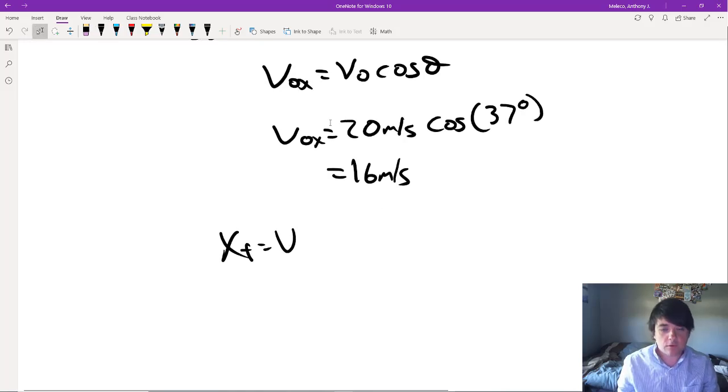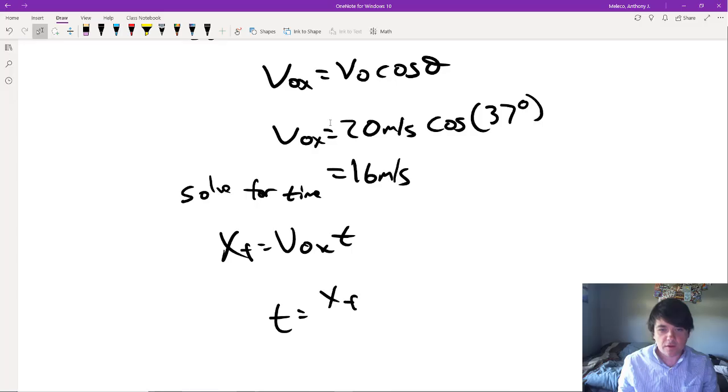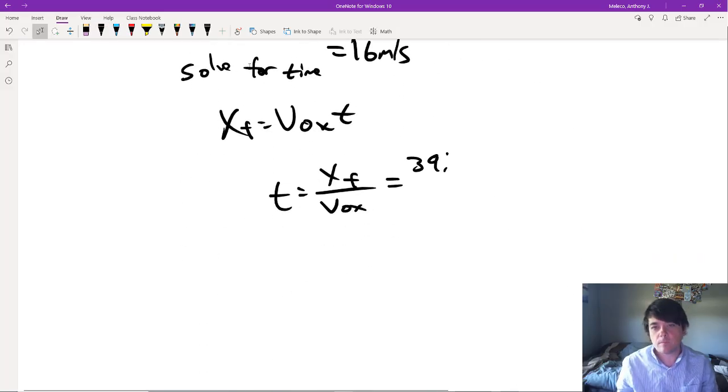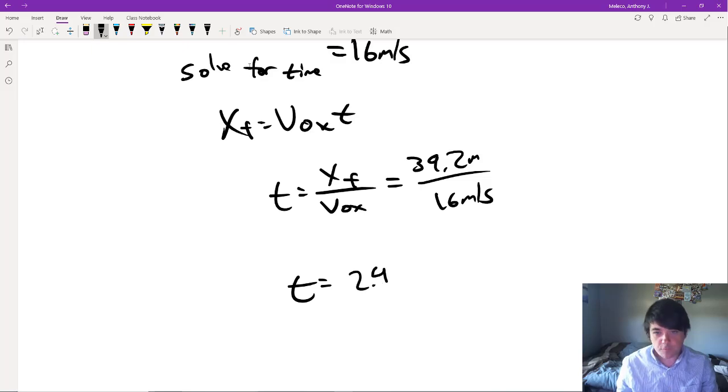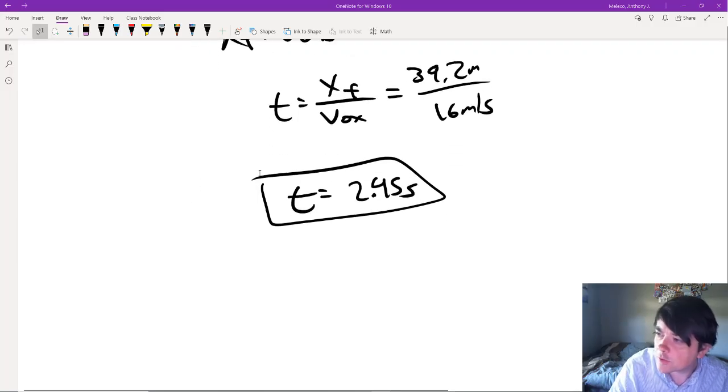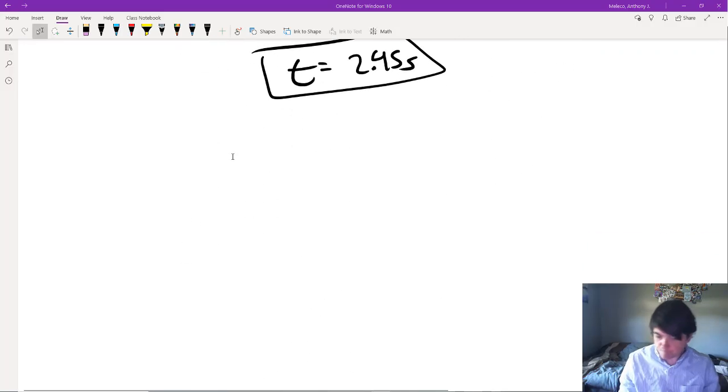X final equals v naught x times time. So time equals x final over v naught x. X final was, I've already forgotten, 39.2 meters over 16 meters per second. The meters will cancel and you'll get units of seconds. 2.45. Cool.